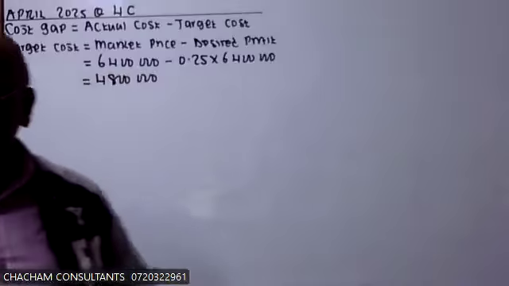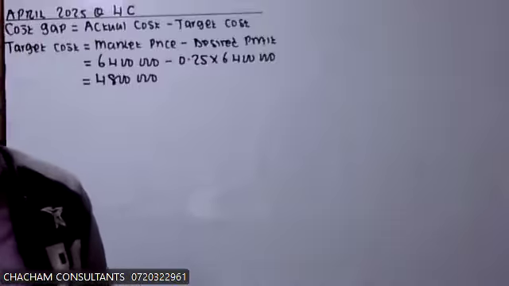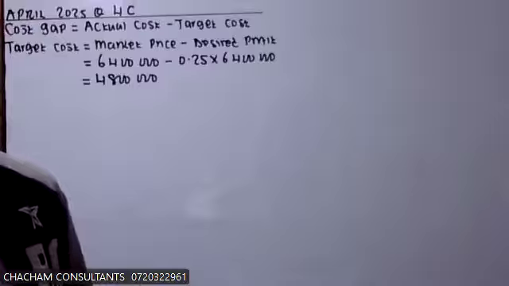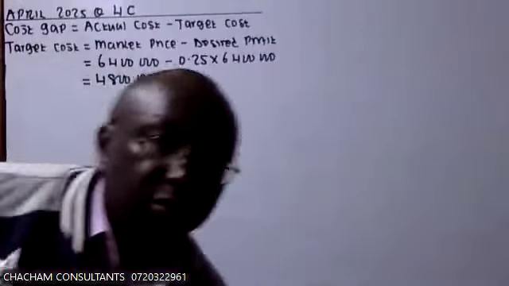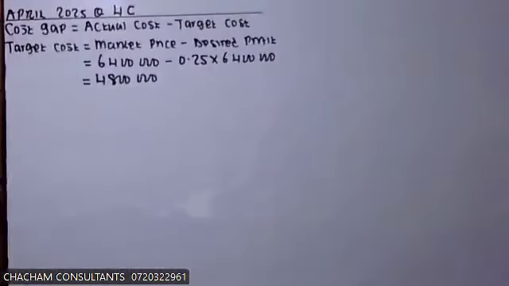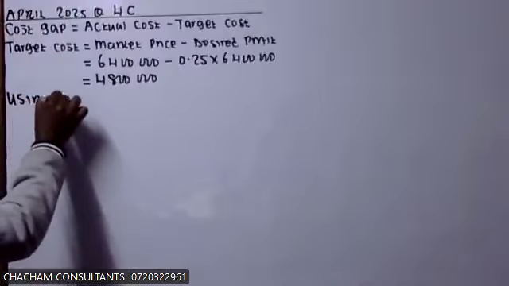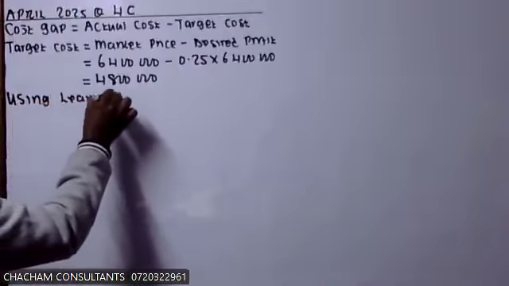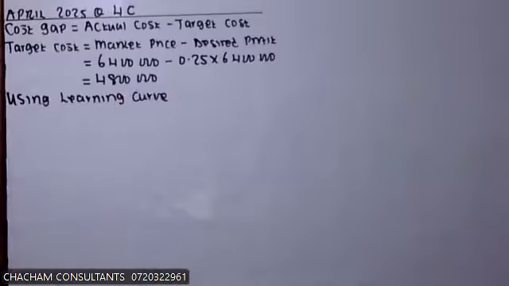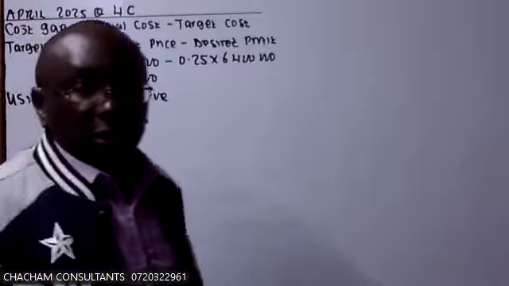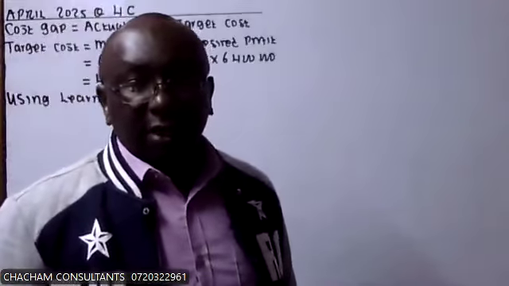Now, for you to get the actual costs, you need to work out the figures given here. And you can see they have mentioned learning curves. So using the learning curve, I've always told you when you're using this one, there are basic things, 5 of them, that you must establish.